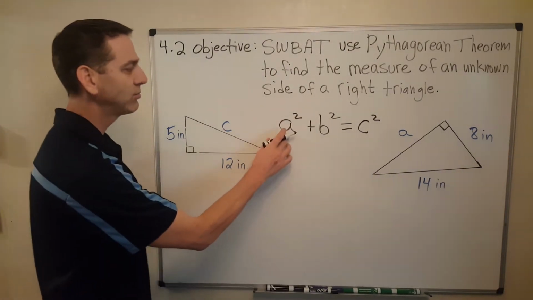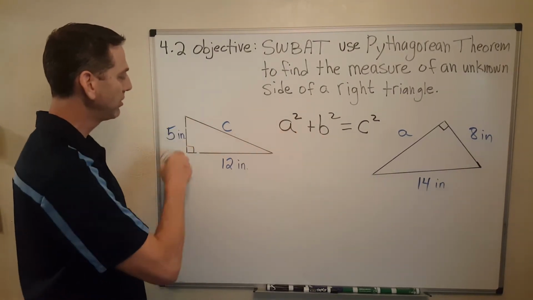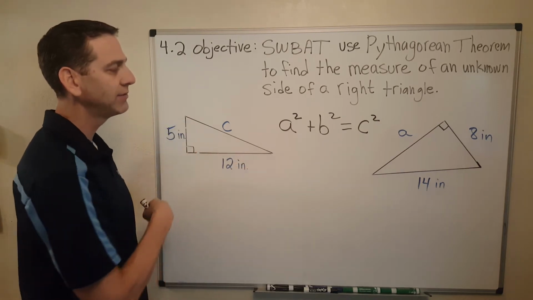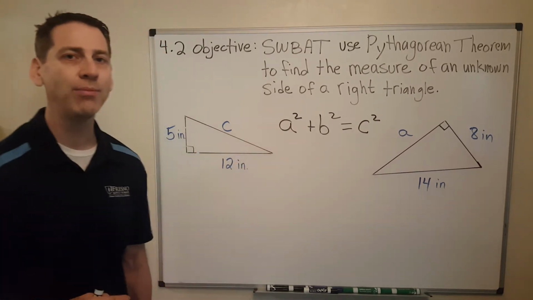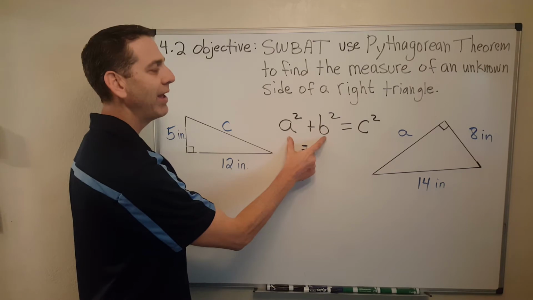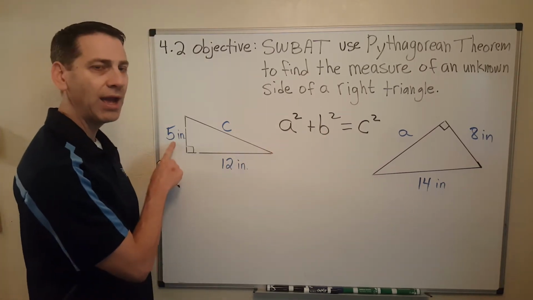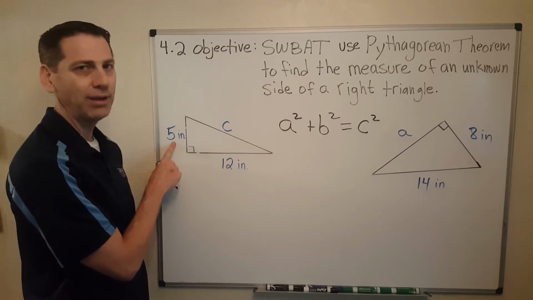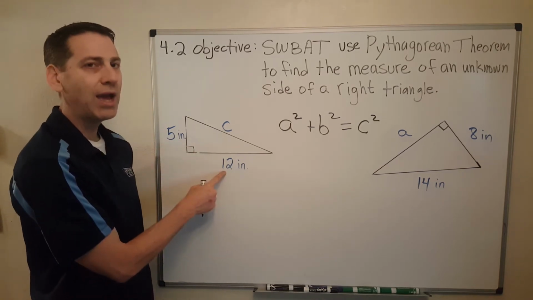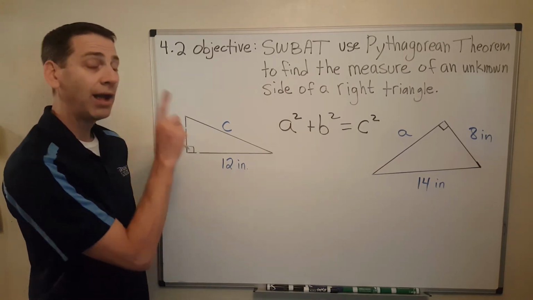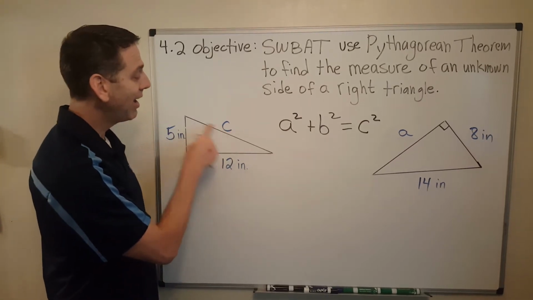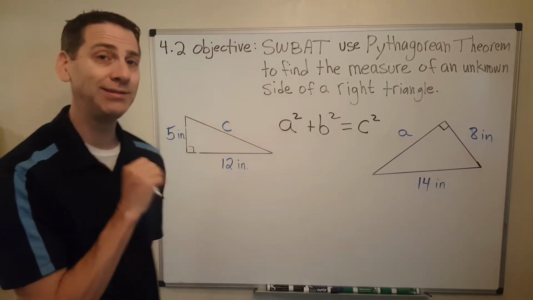So a and b just refer to the lengths of the two legs, and the c refers to the hypotenuse. By the way, the a and the b are interchangeable. It doesn't matter. 5 could be a or 5 could be b. 12 could be a, 12 could be b. It doesn't really matter. However, it does matter: the hypotenuse has to be c.